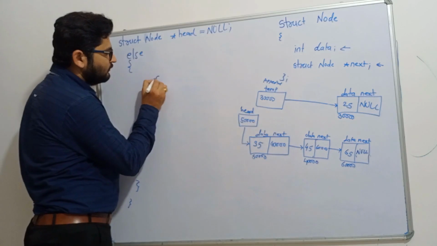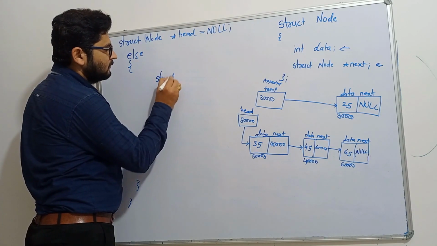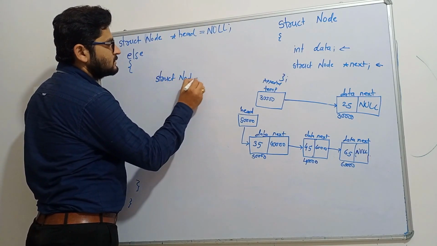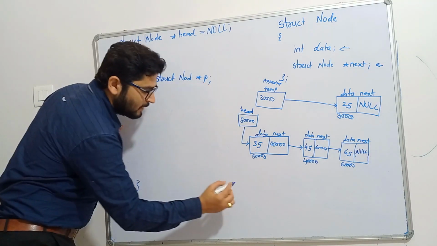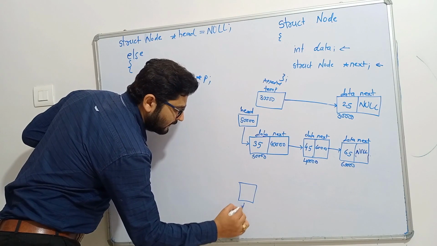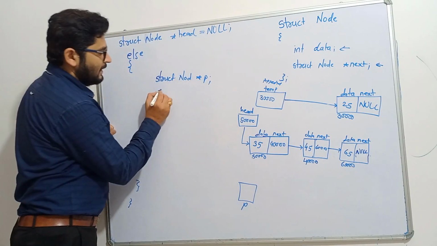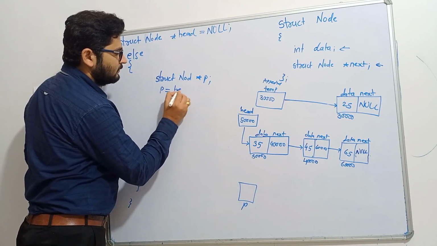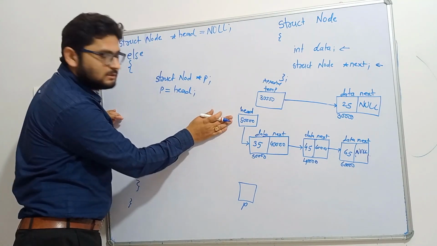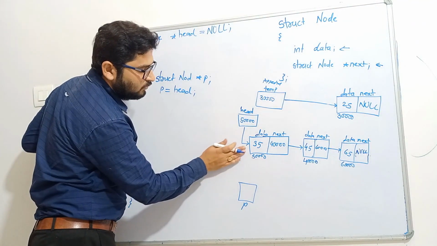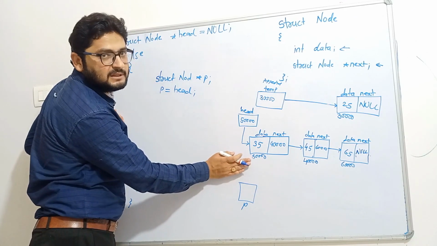So first of all, I have to write struct node star p. So I have created one more temporary pointer of struct node. Now I will write p is equal to head. Now you can see that p is having 50,000, that means it is pointing to the node having address 50,000.